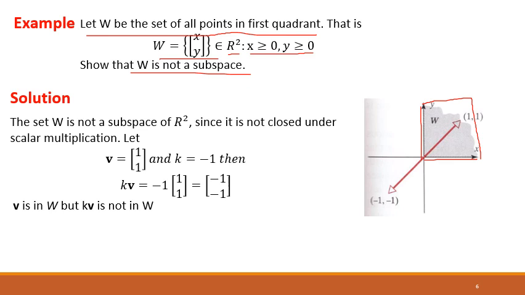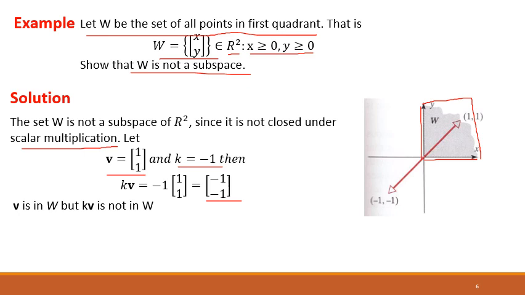But W is not closed under scalar multiplication. For this, let v be the vector (1, 1) and k be the scalar -1. When we multiply k with v, the resultant is (-1, -1).